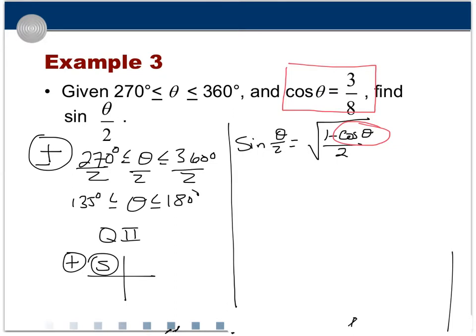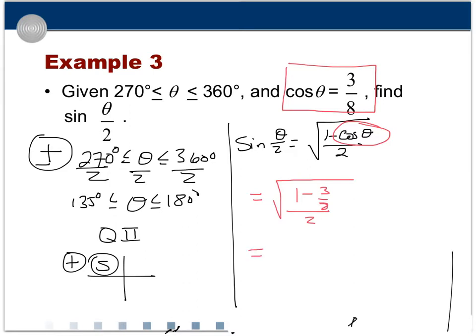Mr. Dickin thinks I'm mean. So we just take the 3/8 and plug it into the equation. I didn't put the plus or minus in front because we already established that it's positive. So I got 1 minus 3/8, all divided by 2. I'm going to do this one slightly different than the last one.